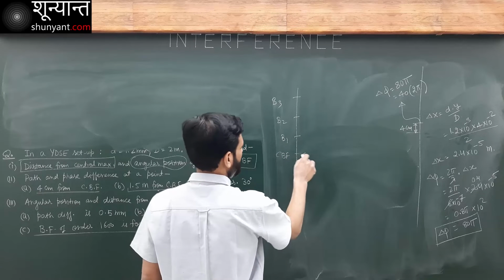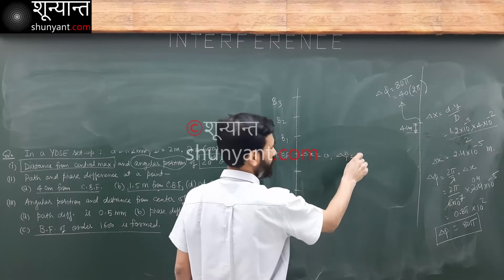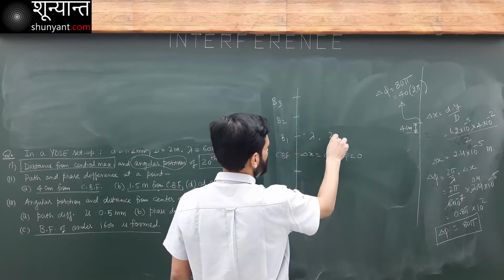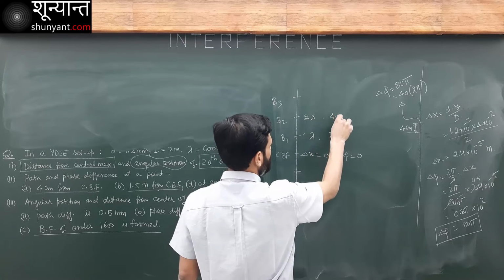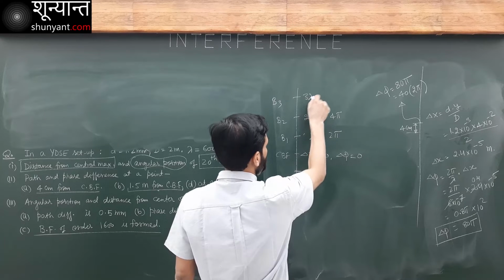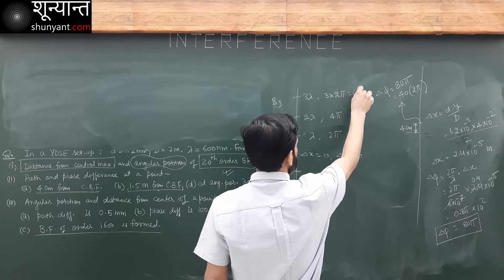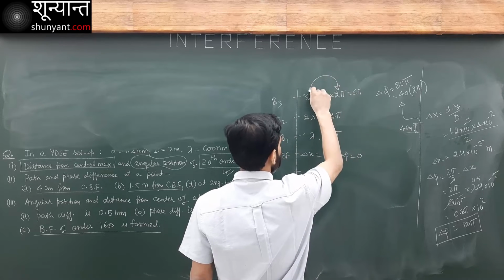It's symmetrical. Now, path difference here is 0 and phase difference is 0. Path difference here is lambda, phase difference 2 pi. 2 lambda and 4 pi. 3 lambda and 3 times 2 pi, this is 6 pi. It is because a path difference of lambda corresponds to a phase difference of 2 pi.